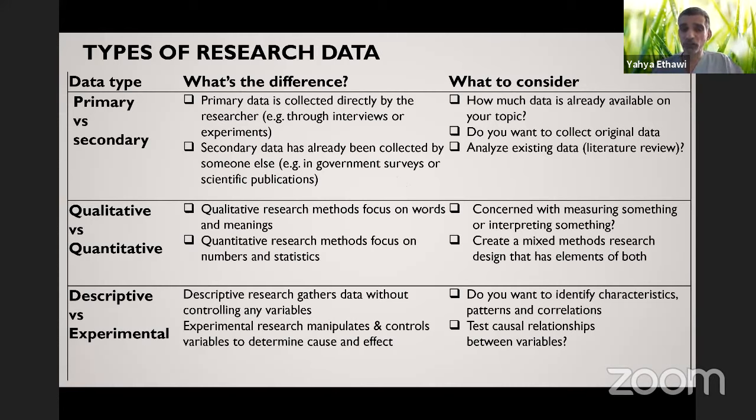Qualitative versus quantitative. Qualitative research focuses on the meaning, the understanding, the emotion, the status. While the quantitative is numbers. So qualitative, you consider it when you want to measure or interpret an emotional status, an opinion of somebody.